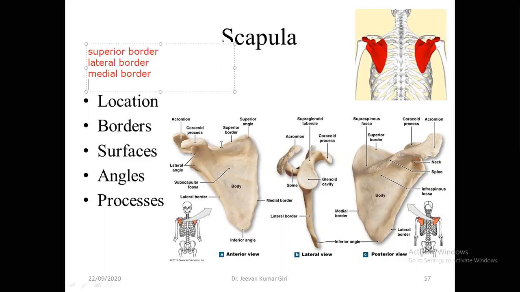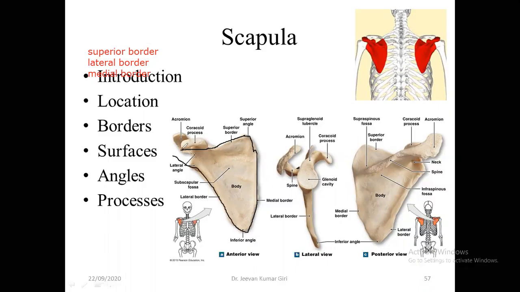You can see one angle here, the next angle here, and the next angle here. These angles are the meeting places of two adjacent borders. Suppose I draw the outline: the superior border meets the medial border, the medial border meets the lateral border, and the lateral border again meets the superior border.